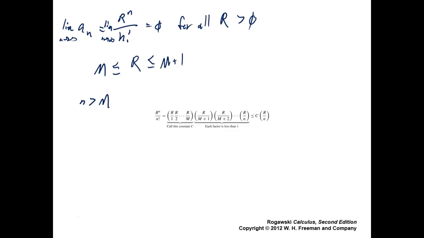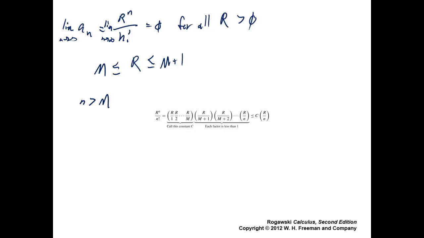So r to the M over M factorial would be M times M minus 1 times down to 2 times 1. So 1 times 2 times 3 times 4 up to M. And for every one of those you have an r, because it's r to the M. So you have M r's and M denominators here from 1 to M. That's r to the M over M factorial.